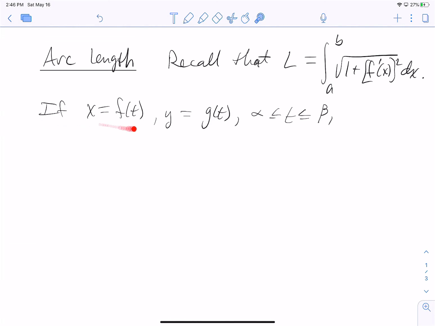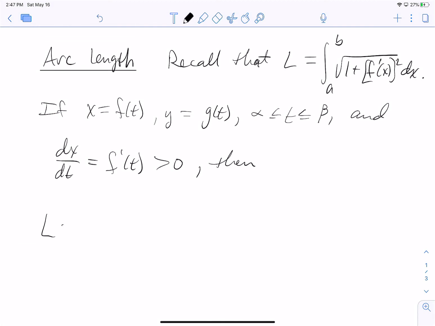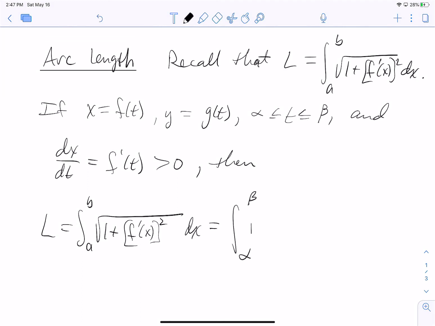So if we have x is f of t, y is g of t, and t going from alpha to beta, and if dx dt, which is equal to f prime of t, is positive, then L becomes the integral from alpha to beta of the square root of 1 plus dy dt divided by dx dt squared dx.